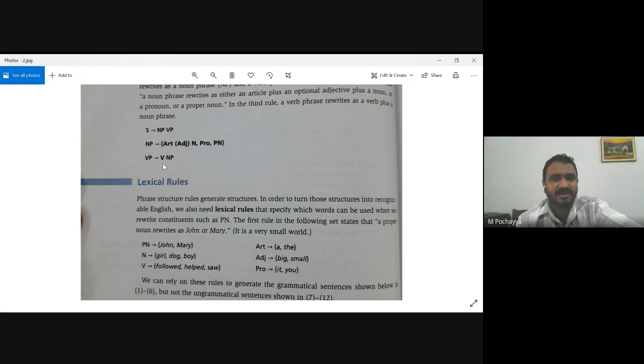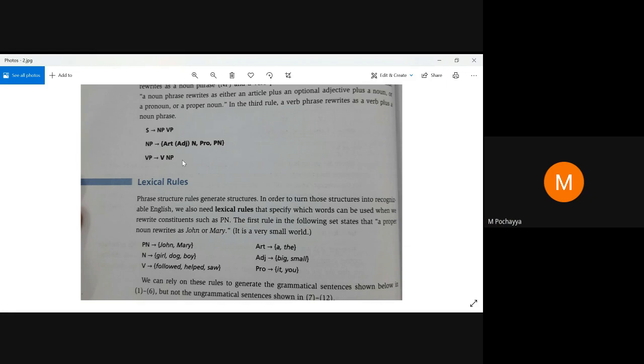The big dog as a noun phrase can be the set of proper noun or pronoun or article plus adjective plus noun. We can see the as an article, big as adjective, dog as noun.